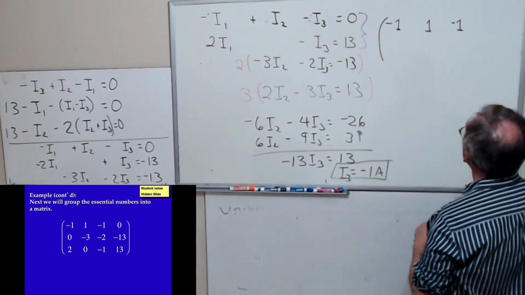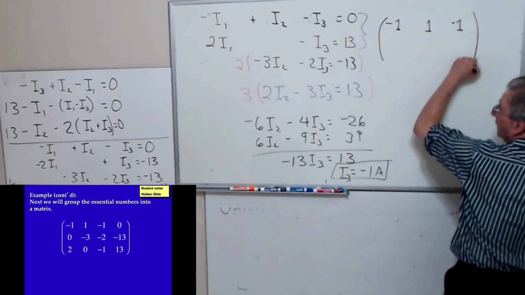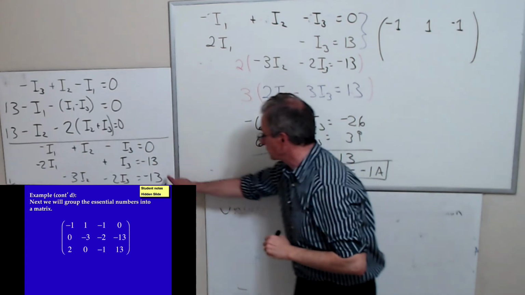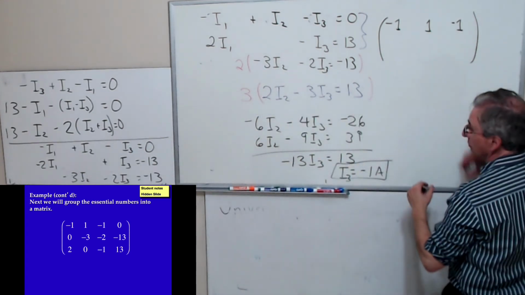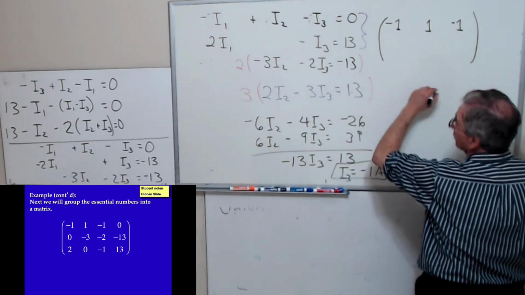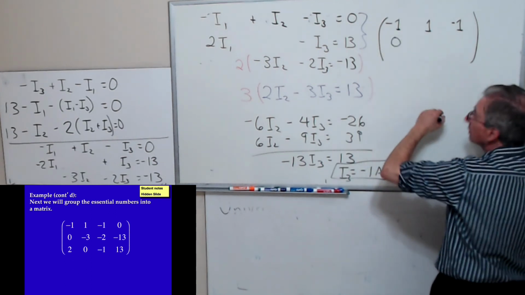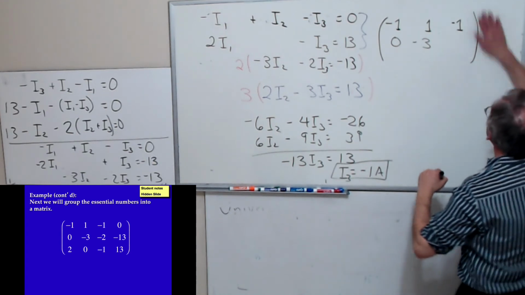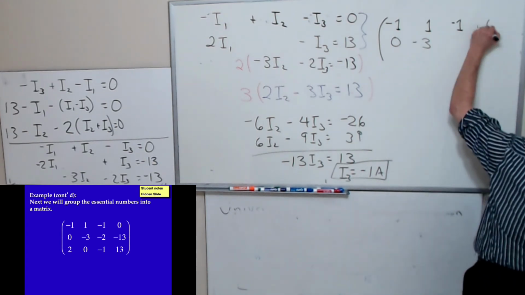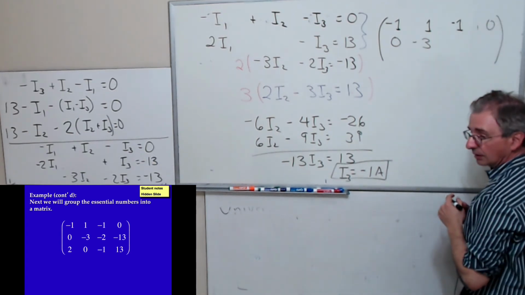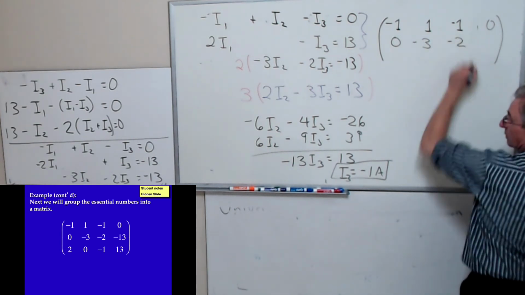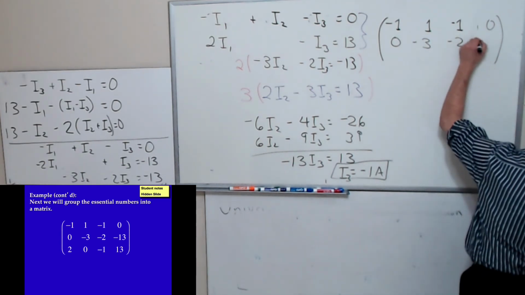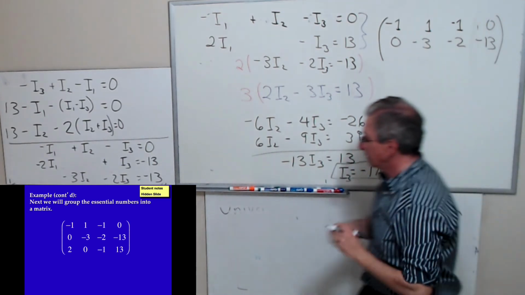All right, so I have that, and then I have this one. Doesn't matter how I put the rows. So 0, -3. Oops, I forgot something. -2, -13. So that's this one.